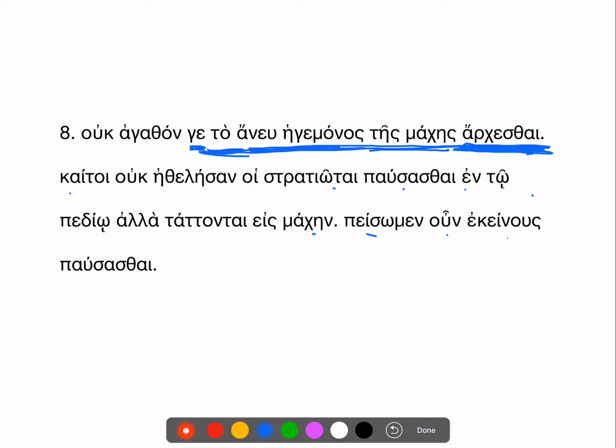All right. Kai toi ouk ethelesan hoi stratiotai pausasthai, en toi pedioi, alla tattontai eis machen. Here's the subject, hoi stratiotai, and there's the verb, ethelesan. Well, that's aorist indicative active. So, kai toi.